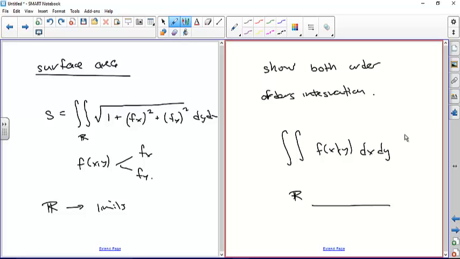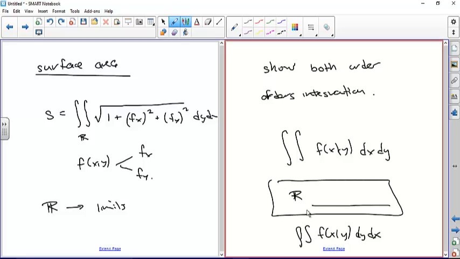I'll give you f of x y, and I'll define a region, and then I'll have you do it this way, and I'll have you set it up so that I change it to dy dx. So it's just a matter of writing this region in the two forms.